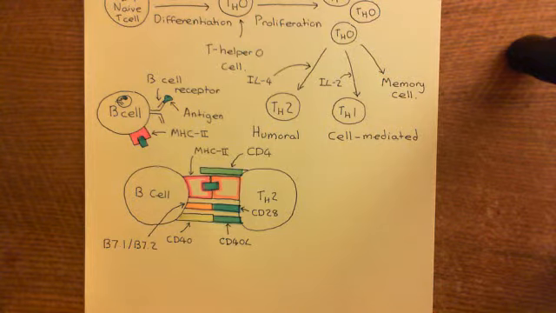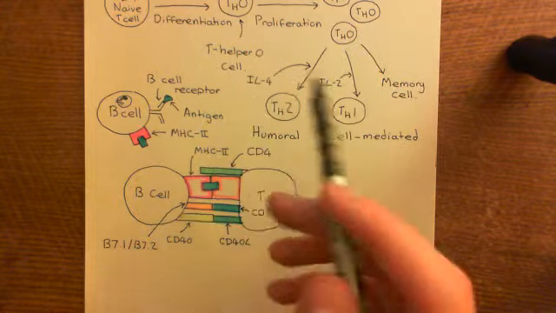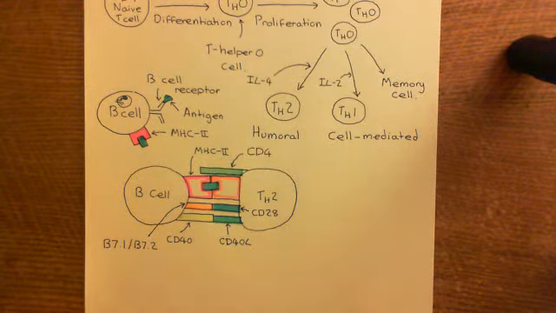But we're not clear on where the interleukin 4 comes from, or even how that signifies that this is an extracellular pathogen rather than an intracellular pathogen.